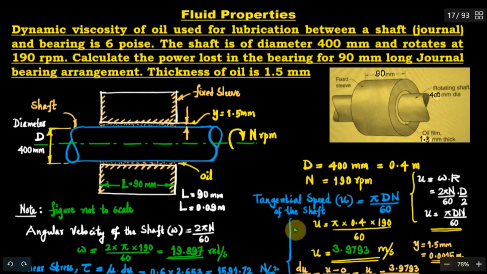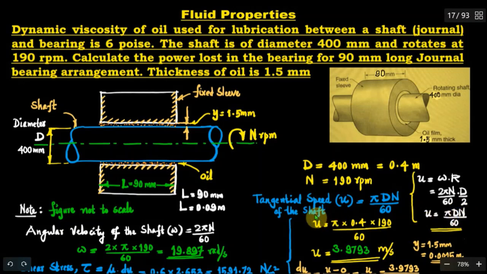The tangential speed of the shaft, that also you can find out. The tangential speed is angular velocity multiplied by the radius. So tangential speed u is equal to angular velocity omega multiplied by the radius, and radius is of course diameter by 2. If you substitute omega as 2 pi n by 60 and r as d by 2, then the 2 and 2 will cancel. You will get u is equal to pi d n by 60.